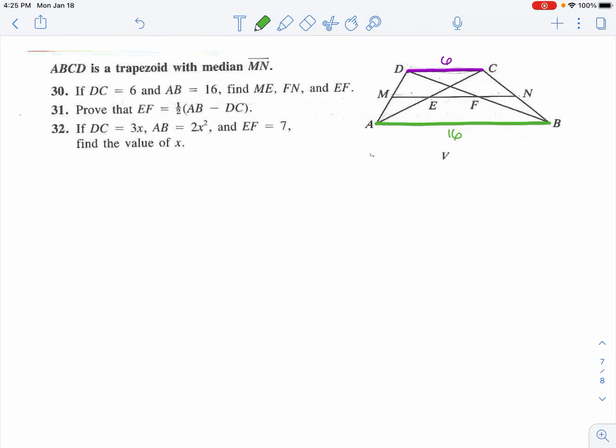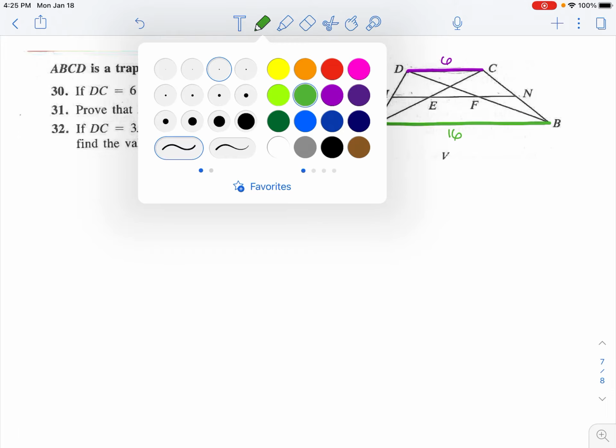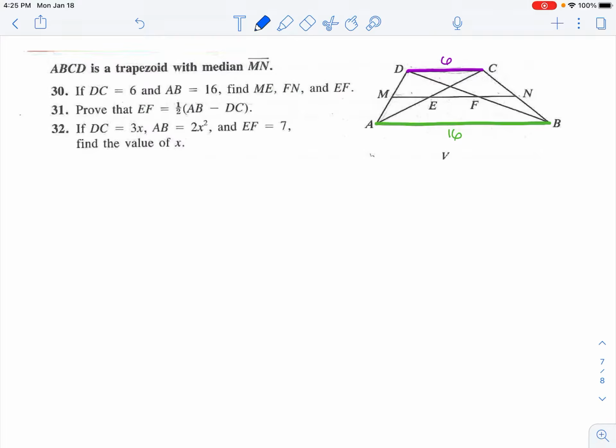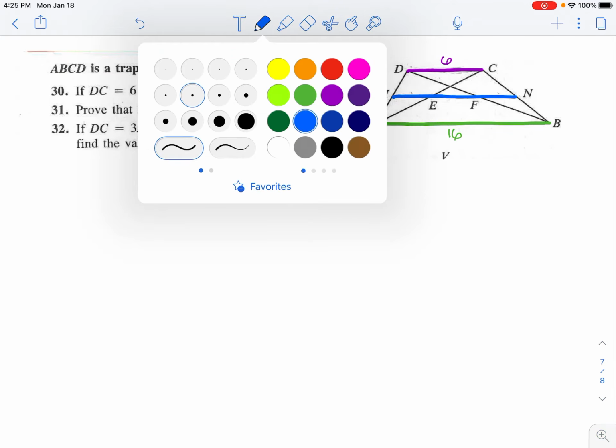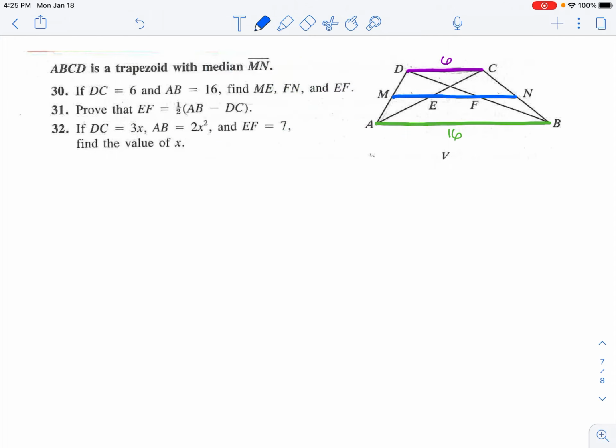Well, they asked us to find a few different things here. They asked us to find ME and FN and EF, but we can't do that yet. What we really need to think about to start with is the median itself. I know how to find the length of the median.